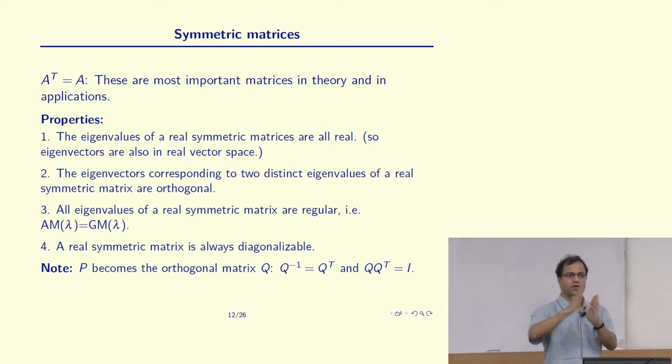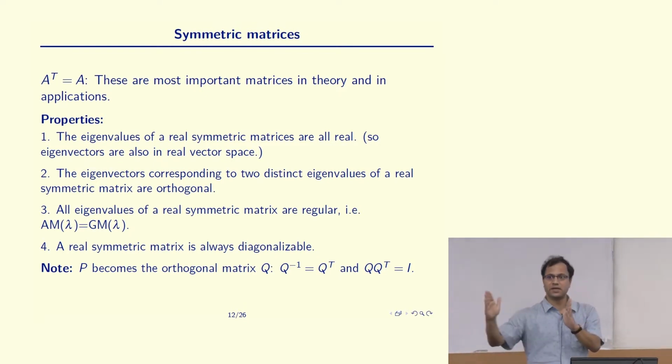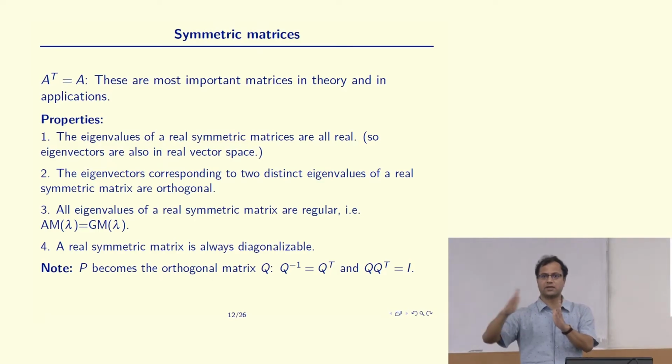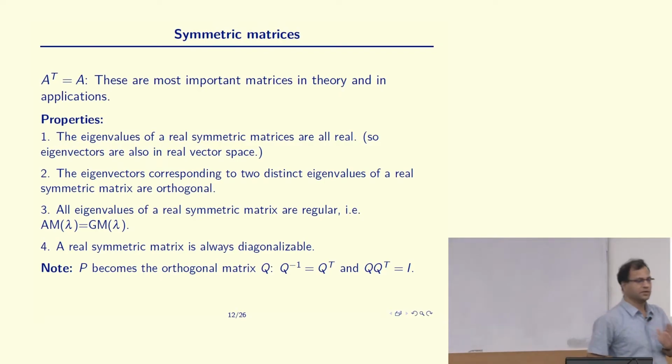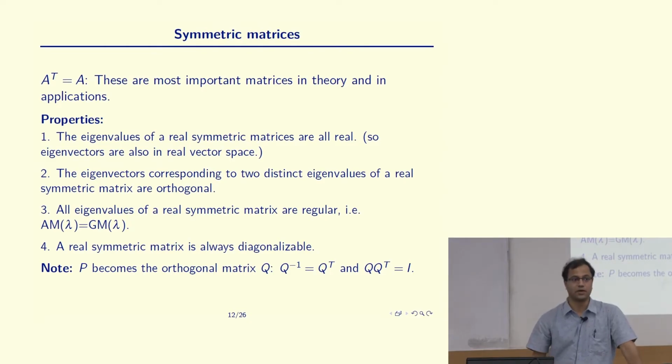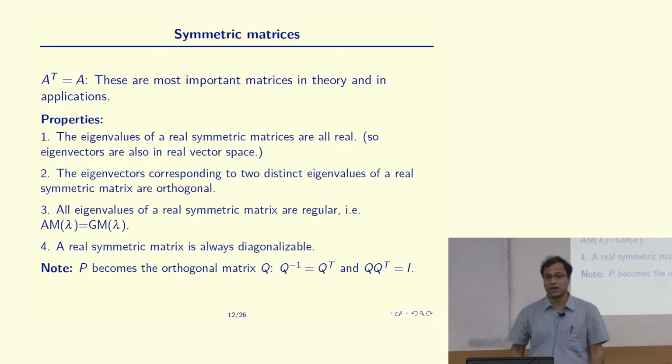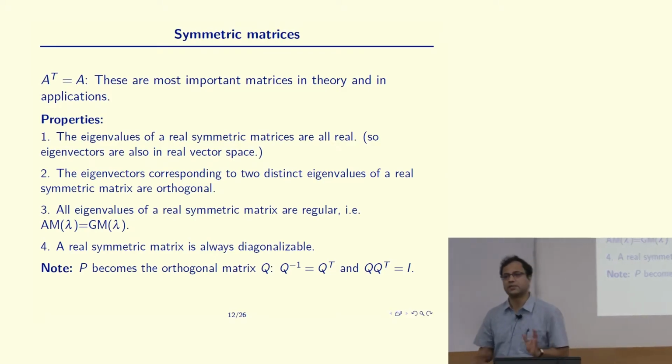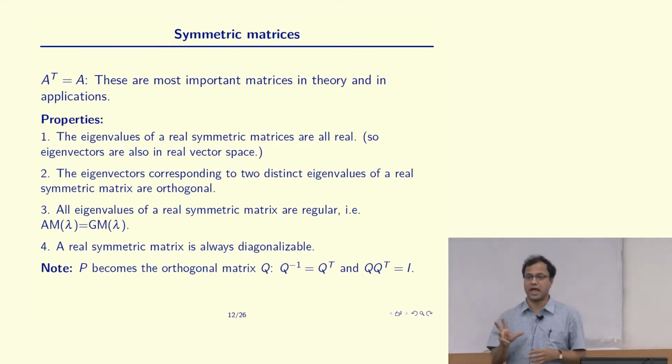So you will always have the full set of not only linearly independent, you can also convert them to an orthogonal set of eigenvectors. So symmetric matrices are always diagonalizable. Not only that, we call them orthogonally diagonalizable.